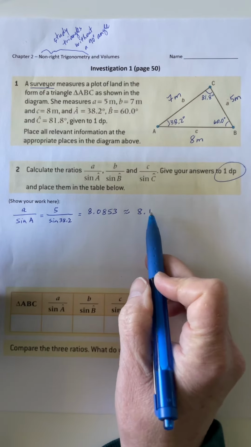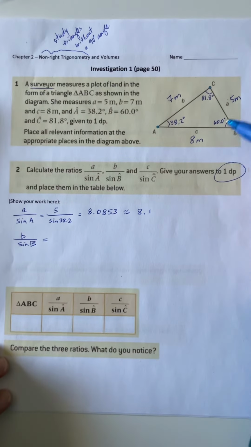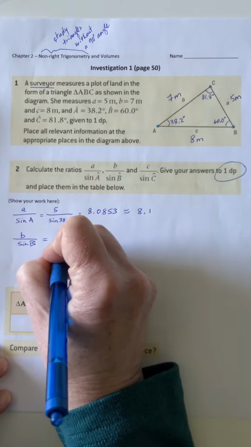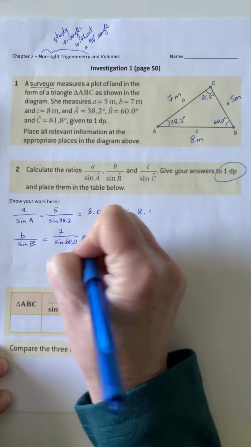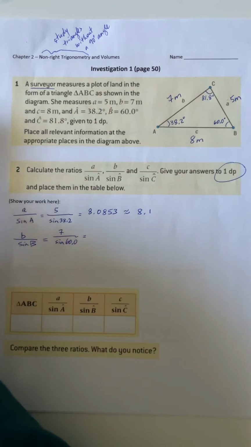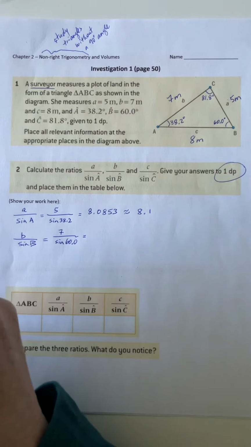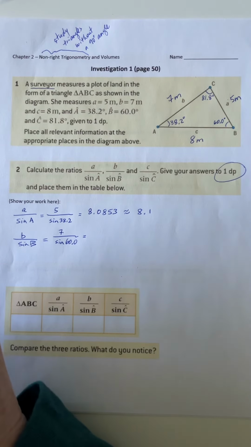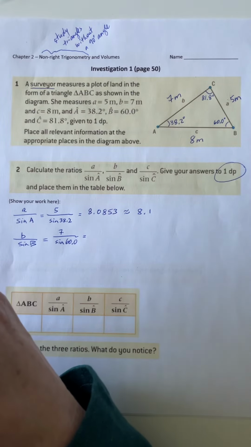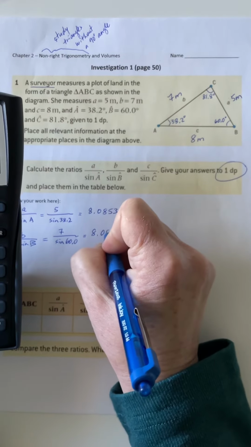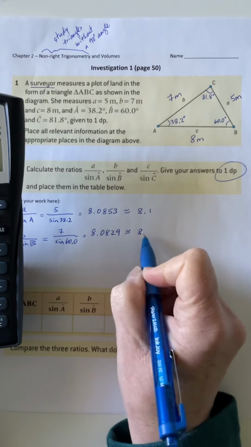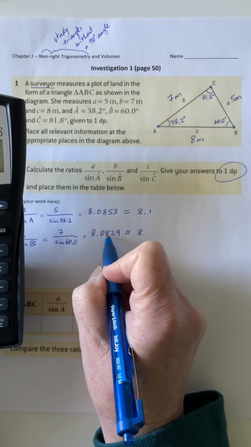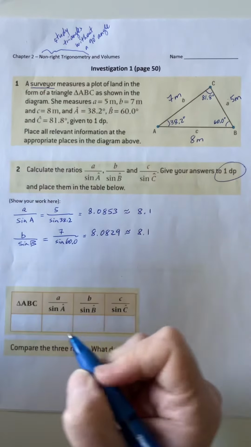All right, next one. b over sine B. So b was this side, 7, over sine of 60 degrees. So look at your triangle. Make sure you can pick these values off of that triangle that we labeled. And then let's do that. 7 divided by sine 60 degrees, 8.0829, which to 1 decimal place is 8.0, but that next one is 8, so it pops that to a 1.